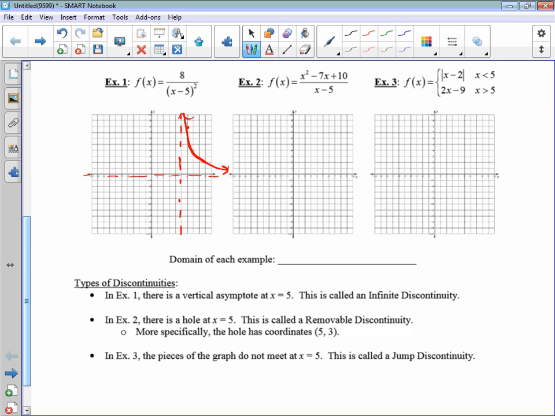I plugged in a 6, I got an 8. I need to plug in something on the other side of my asymptote, so what should I plug in? A 4. And what do I get when I plug a 4 in? Also 8. So something like that.